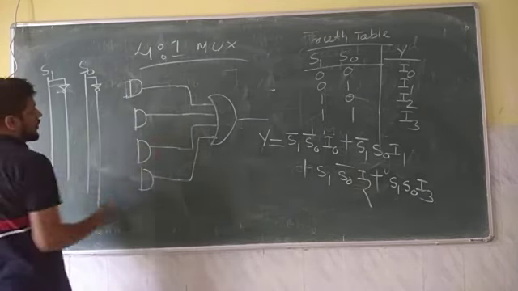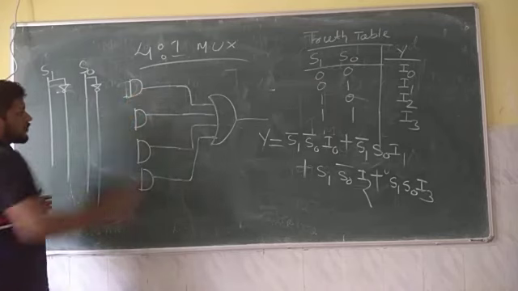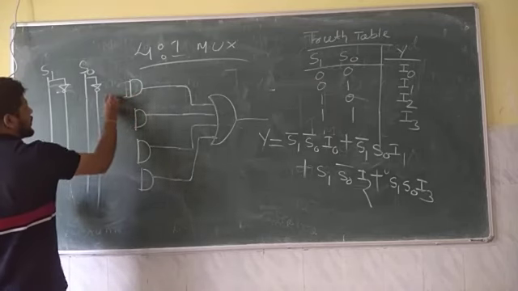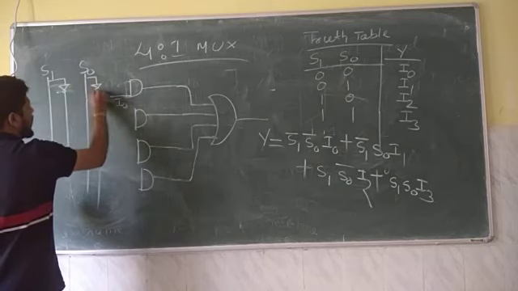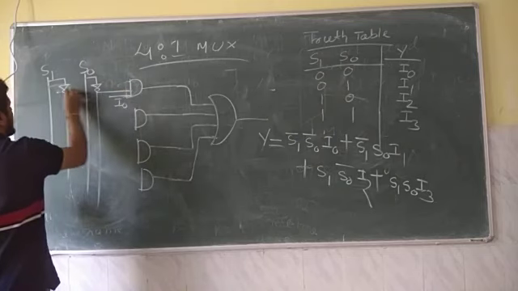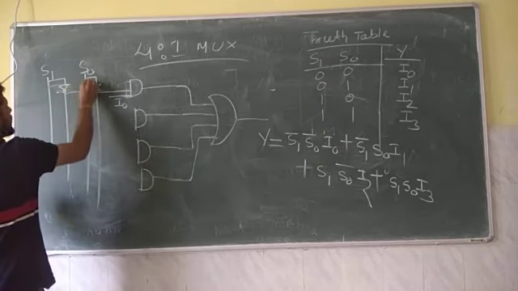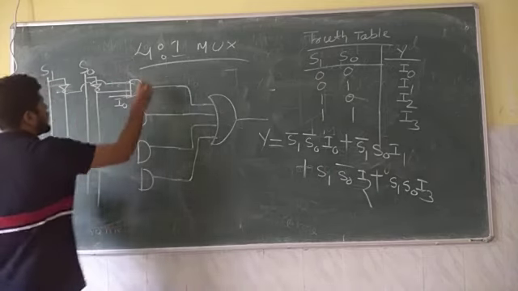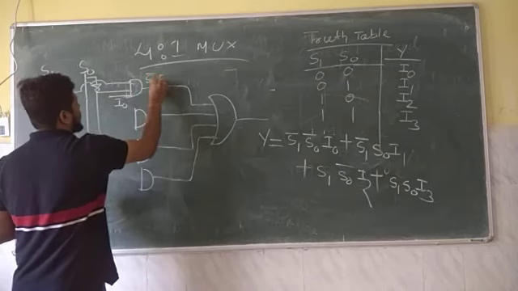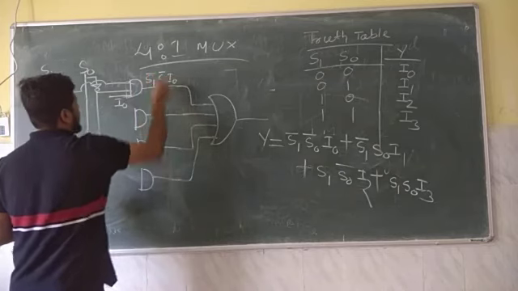First we need to connect this gate, whose purpose is for S1 bar, S0 bar and I0. So I0 is connected directly. Then we have S0 bar, and then we have S1. So this is your S1 bar, S0 bar, I0.